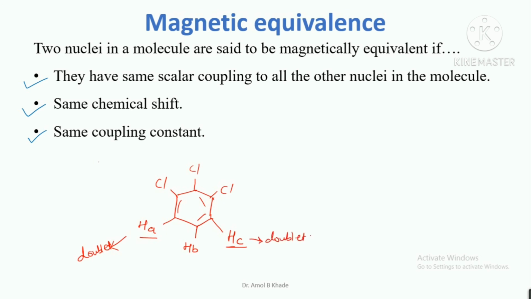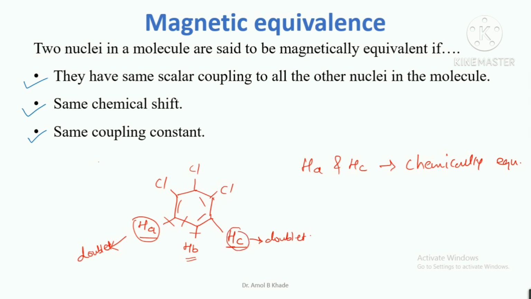You can see proton A and proton C are in the same chemical environment. They are chemically equivalent because their neighbors are the same. Proton A is coupled with proton B through 1 bond, 2 bond and 3 bond coupling.